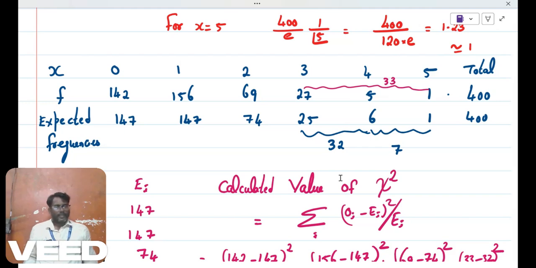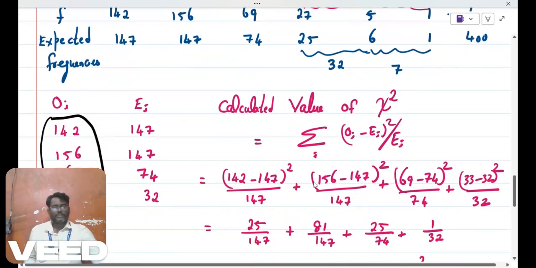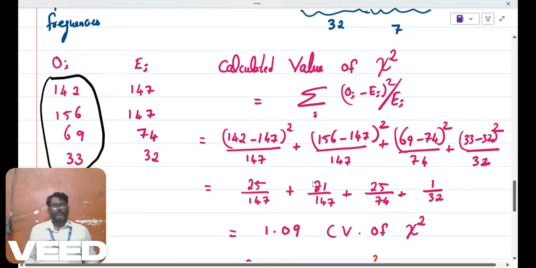Now the second step: we want to test the goodness of fit using the chi-square distribution.